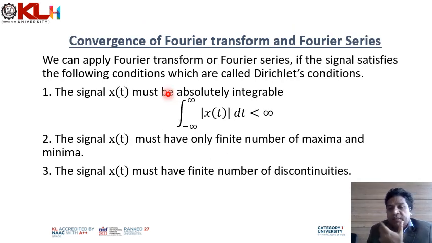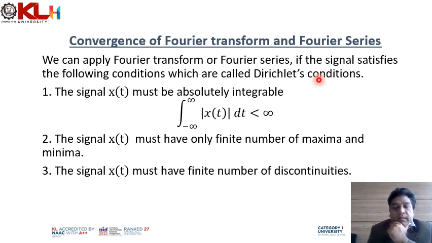Now we are going to discuss what is the convergence of Fourier transform and also what are the conditions. The convergence of the Fourier transform means the integral should converge to a value less than infinity.